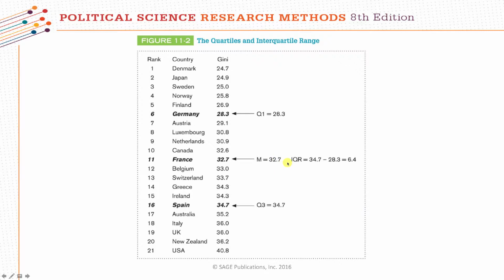And so the interquartile range then becomes, we want to take the median, so everything from Canada, so you can think of Canada to Denmark as another set of data, and Belgium to the US as another set. And you want to take the median of each of those new sets. So the median here is Spain, 34.7, and the median up here is Germany at 28.3.